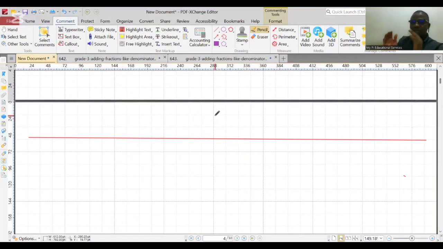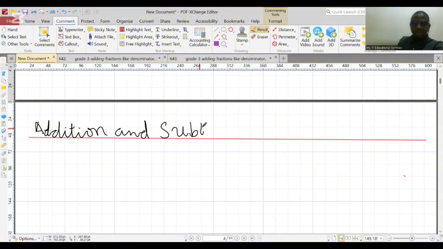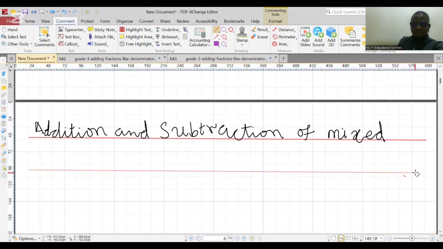In today's class, we'll be talking about adding and subtracting mixed numbers. So we have addition and subtraction of mixed numbers.